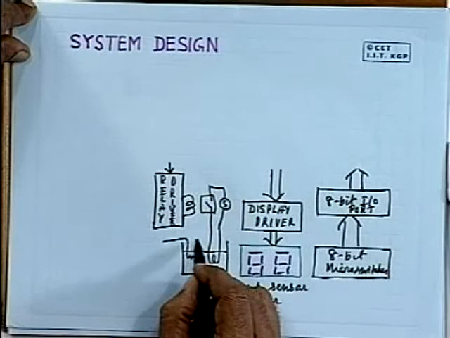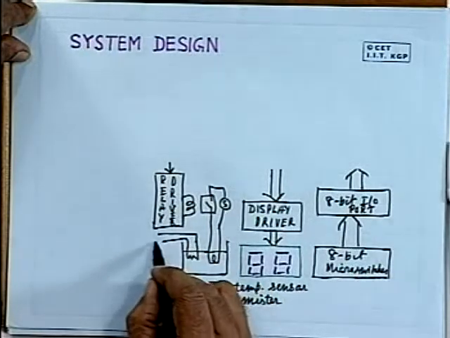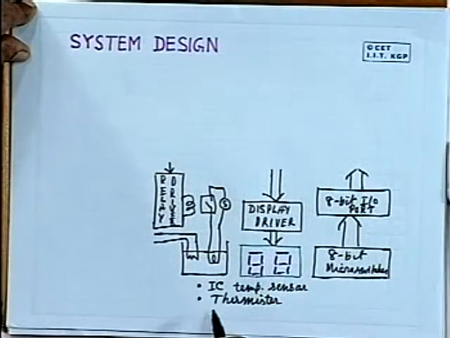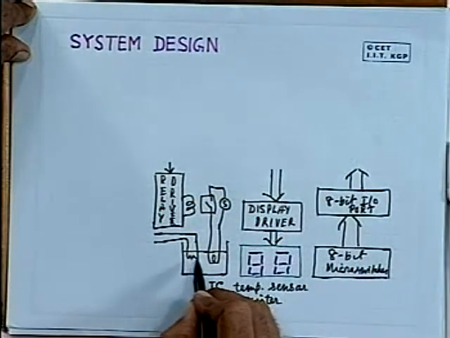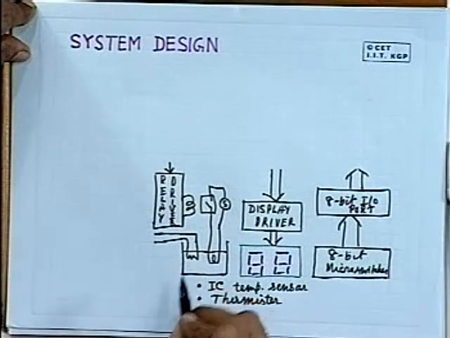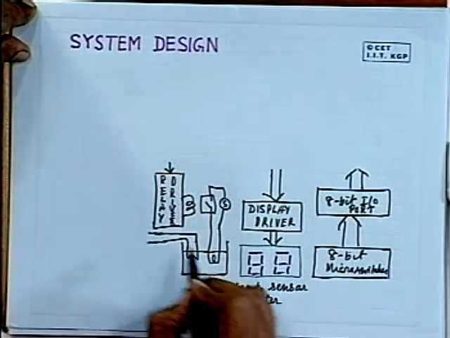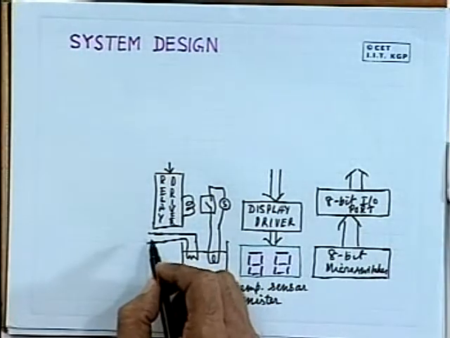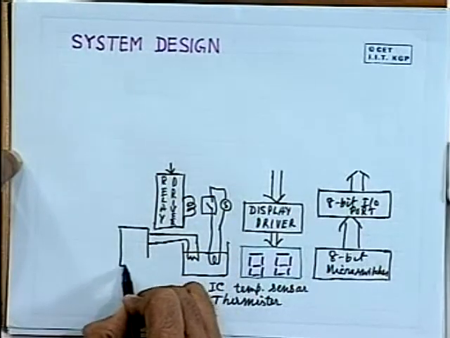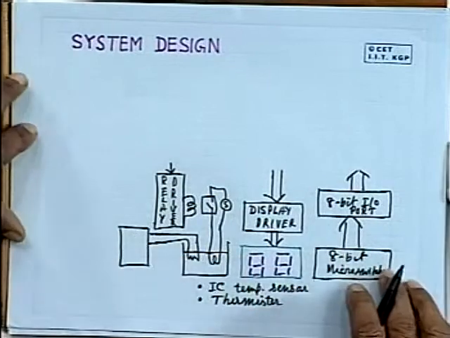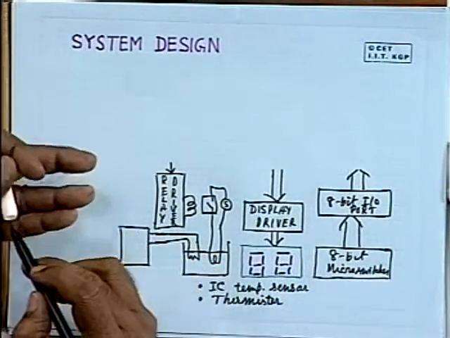Thermistor is nothing but a resistor, but the resistance of this device changes with temperature, and the characteristics we shall see later, and this has to go to one device where it will perform the signal conditioning.